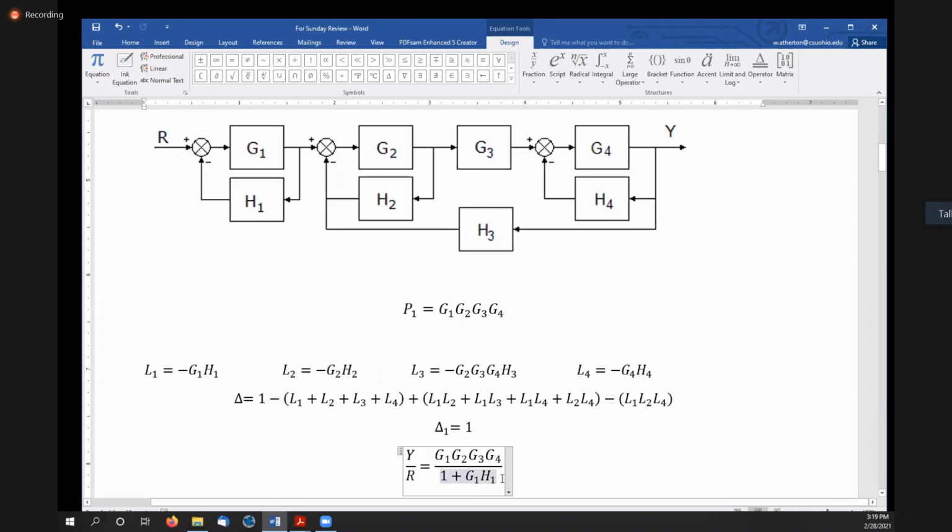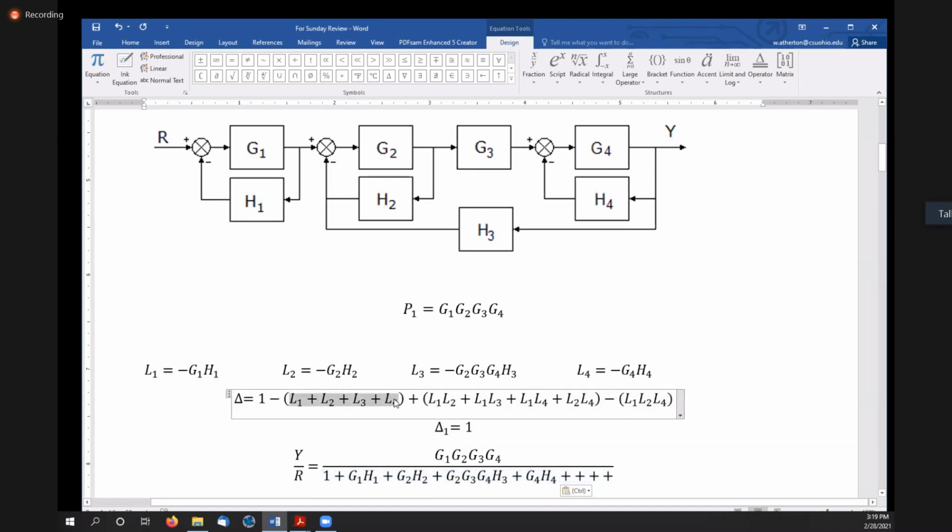Should put my plus sign down here. A bunch of pluses. Loop 2 plus loop 3, plus loop 4. All right, so those are all my first terms, and then I've got all these pairs of terms.